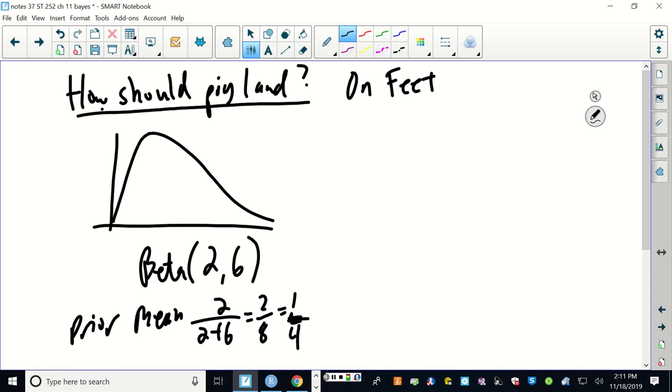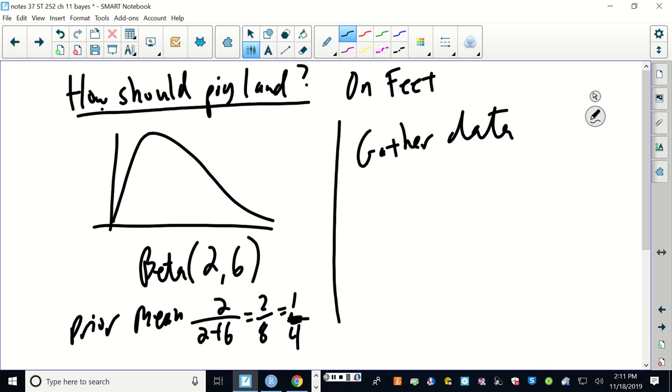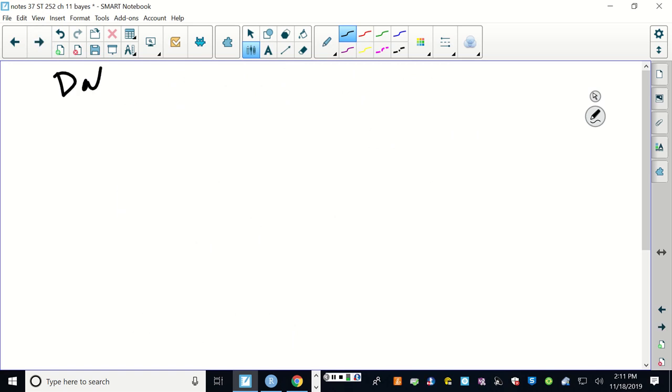So if that's our prior, now let's gather data. So everybody flip the pig, say, 8 times, and then you can tell me how many times it comes standing up. So do it 8 times, and we'll get our data.